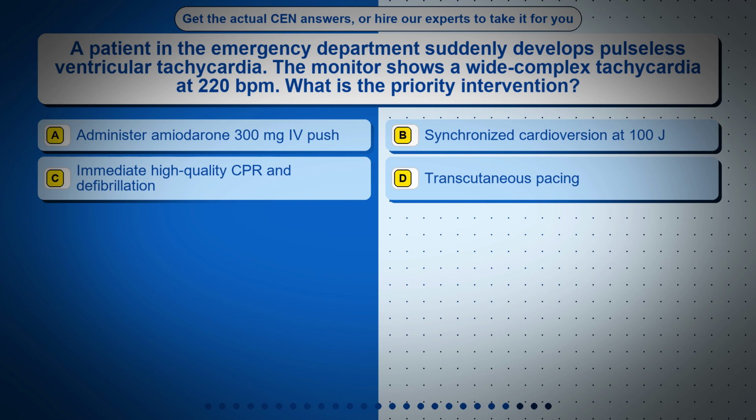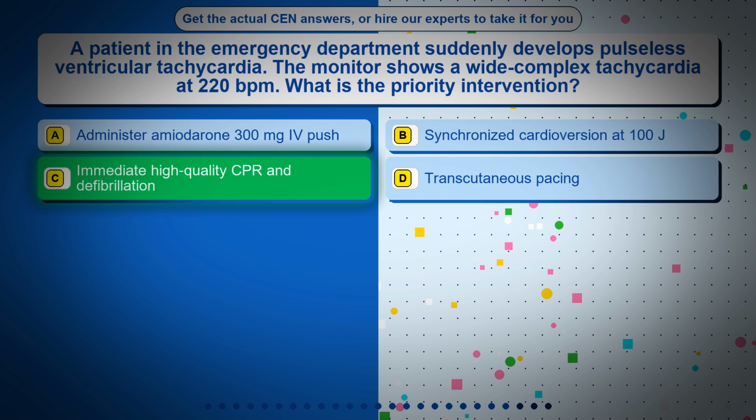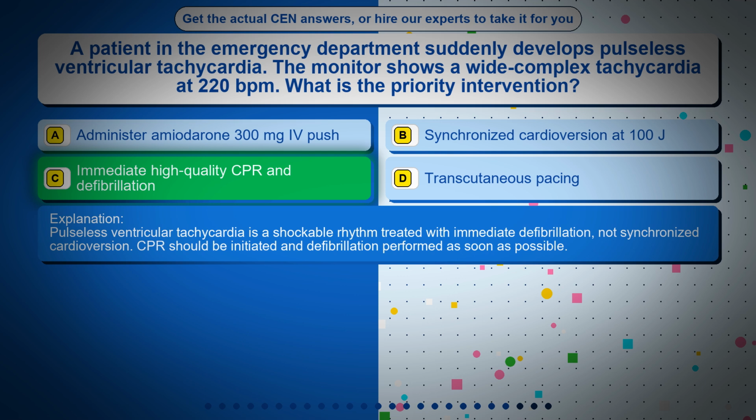Option D, transcutaneous pacing. The correct answer is option C, immediate high-quality CPR and defibrillation. Pulseless ventricular tachycardia is a shockable rhythm treated with immediate defibrillation, not synchronized cardioversion. CPR should be initiated and defibrillation performed as soon as possible.